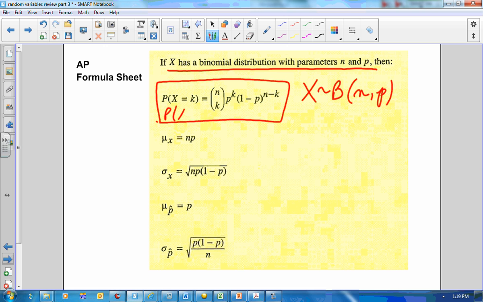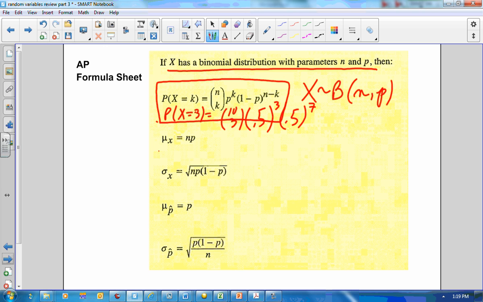For example, the probability of getting exactly 3 heads when I flip a coin 10 times would be 10 choose 3. Probability of success, which here is 0.5 to the 3. Probability of failure, which also happens to be 0.5 to the n minus k, or 10 minus 3, or 7.